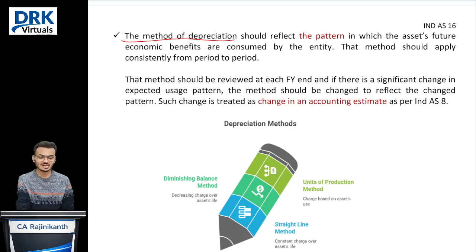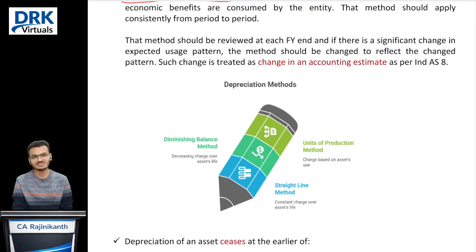If they are directly linked to your units of production or hours or days, you follow the depreciation method accordingly. So that is what the standard is saying. And at the end of each year, we need to review our depreciation method also. If there is any change in pattern of consumption of economic benefits, we should change our method of depreciation also to reflect that pattern. So that change is also accounted as change in accounting estimate as per Ind AS 8, right?